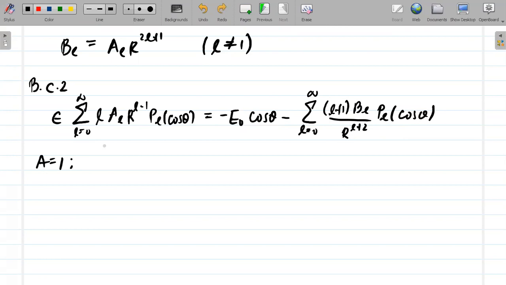Bale, we have epsilon 1, A1 that is equal to negative, syempre may cos theta ka dito. P1 of cos theta. Negative E naught cos theta minus 2 B1 over R cube cos theta. Now, balik class, we have, ano to?